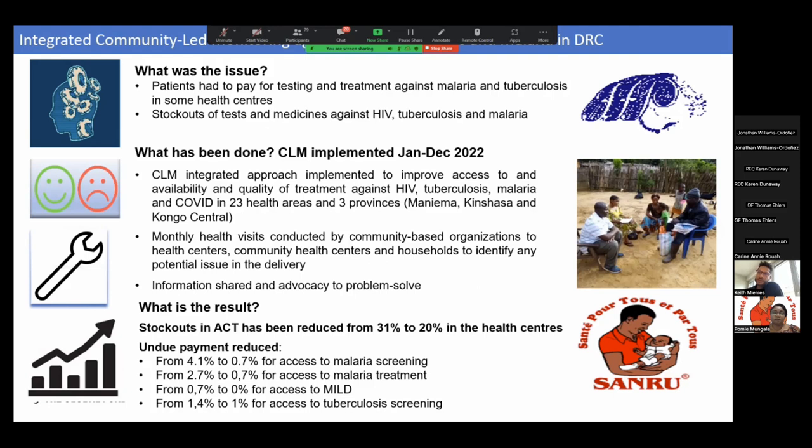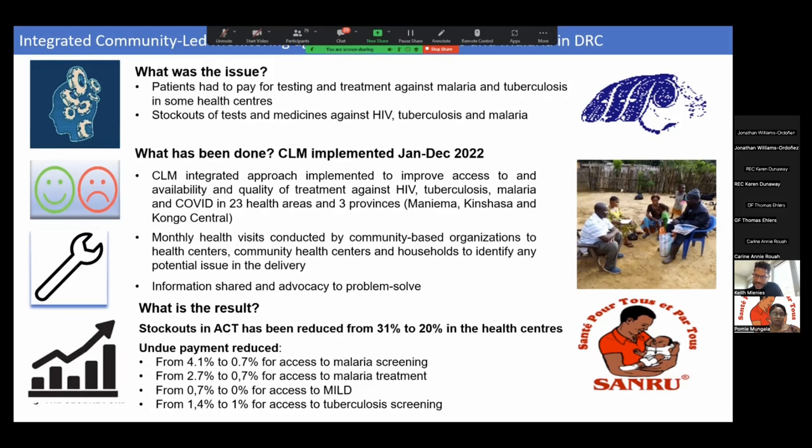It's also important to ensure that the health facility committee understands CLM not as a pointing finger mechanism, but actually as that co-problem solving solution.